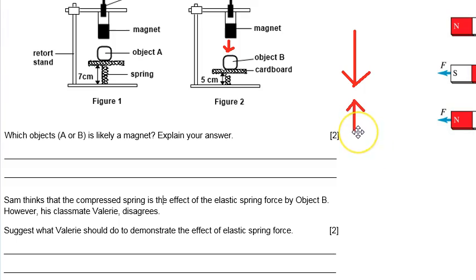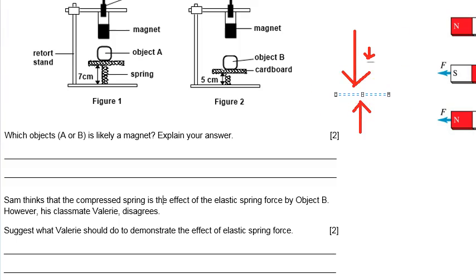Alright, so if gravity is pushing the cardboard down, it is the elastic spring force that is pushing it up. For B, you have two, right? You have the gravity, plus the repulsion of the magnet, and then the elastic spring force is pushing it upwards.